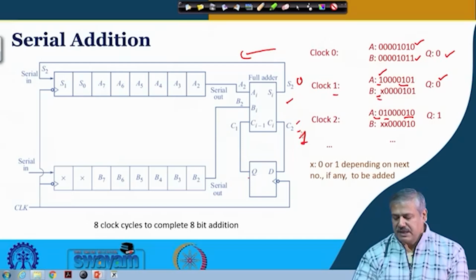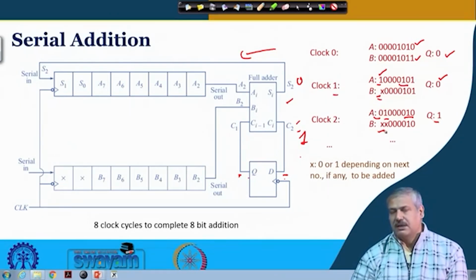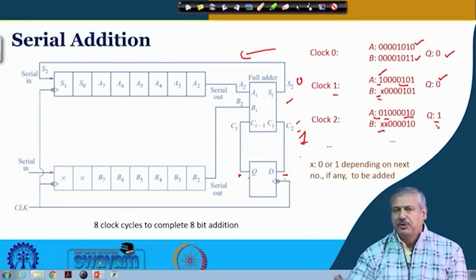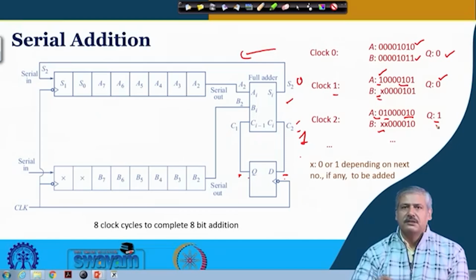Now, this carry which was at this input will, with the trigger, come over here. And for B, another such input will come. So, this way it will keep doing it, and after 8 clock pulses the addition will be completed.